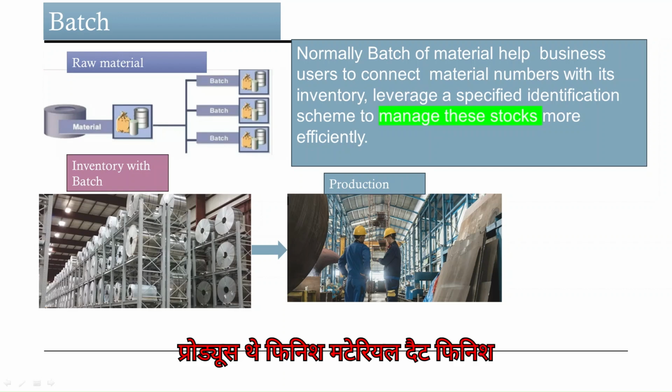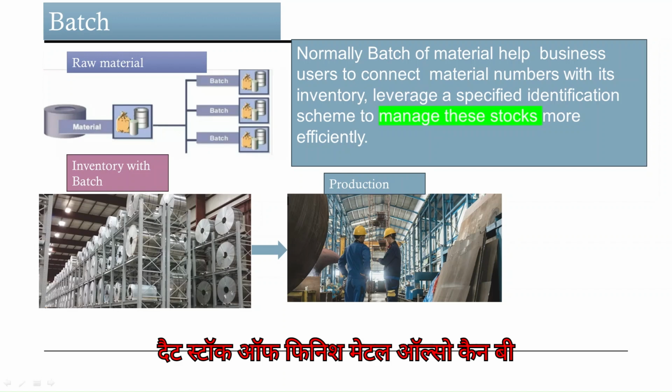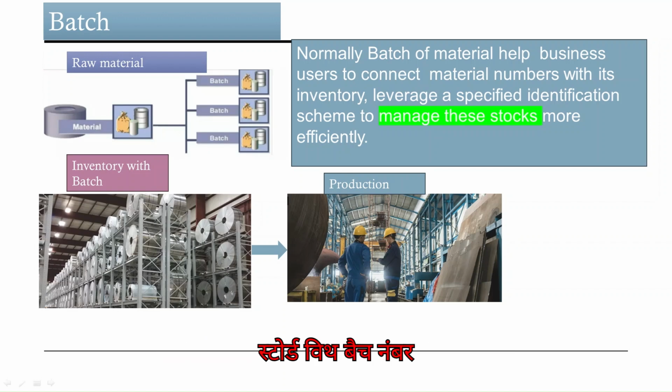Even when you produce the finished material, you use a batch number, so that stock of finished material can also be stored with a batch number. So this is the normal batch management process with inventory.